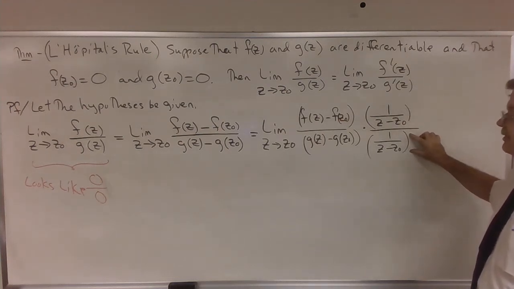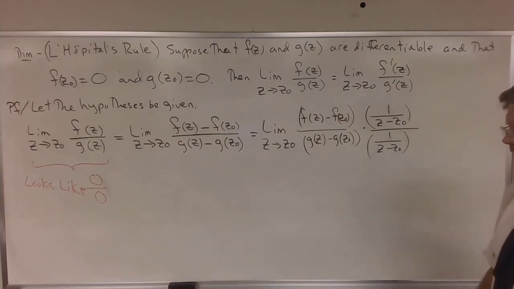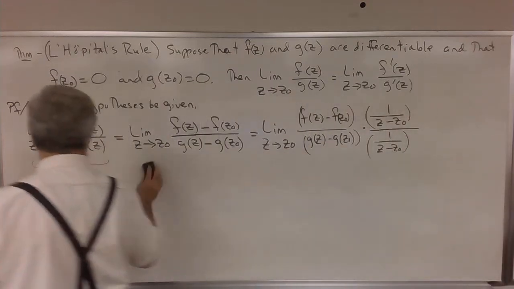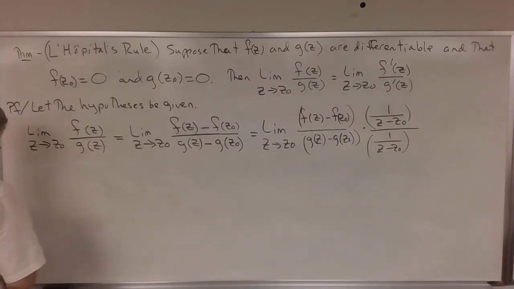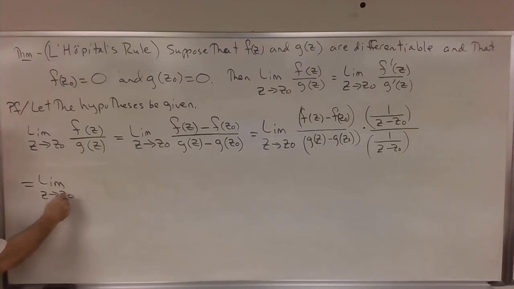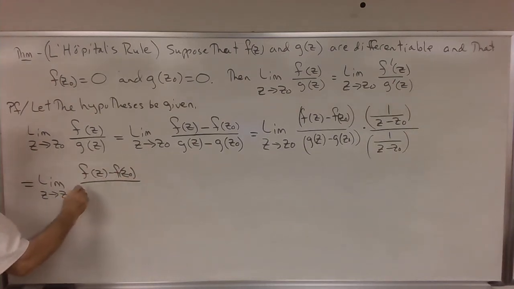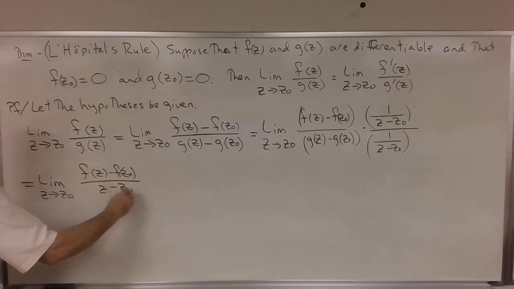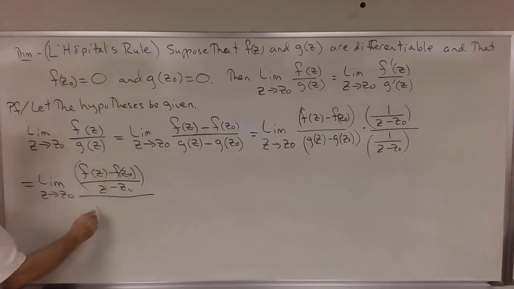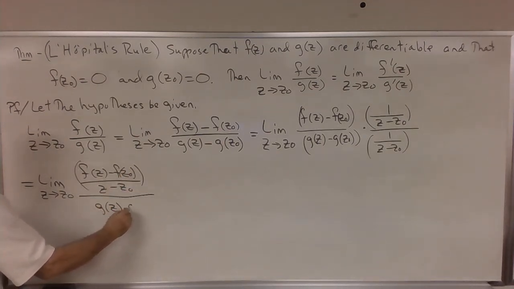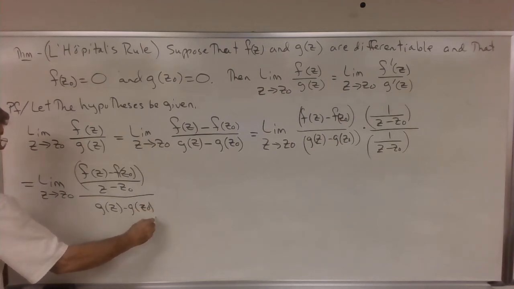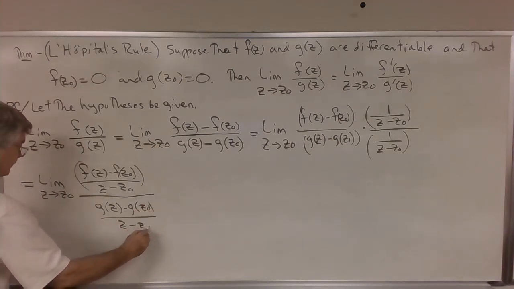Numerator and denominator are the same, so I haven't changed anything. So what do I have? f of z minus f of z naught over z minus z naught, and g of z minus g of z naught over z minus z naught.